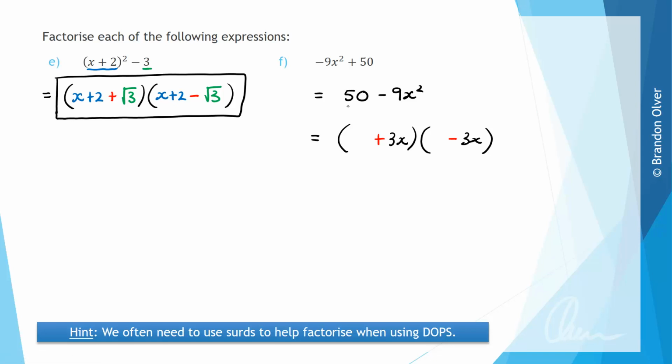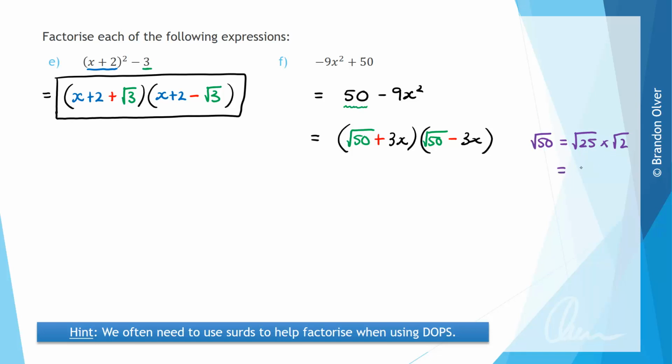And now we need to have a think about what multiplies by itself to give 50. Well, that's simply the square root of 50. So we would have square root of 50 plus 3x, and the square root of 50 take 3x. However, the square root of 50 can be simplified. So that can be written as the square root of a square number, 25, times the square root of 2.